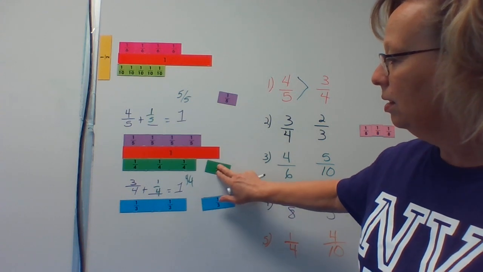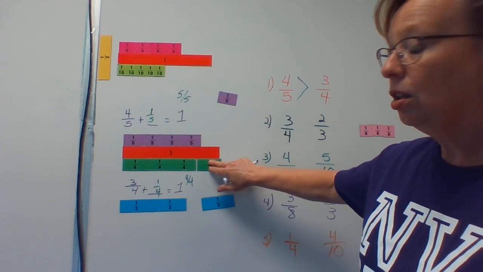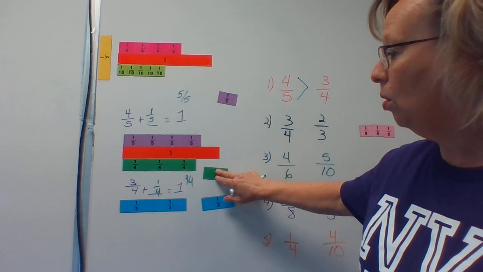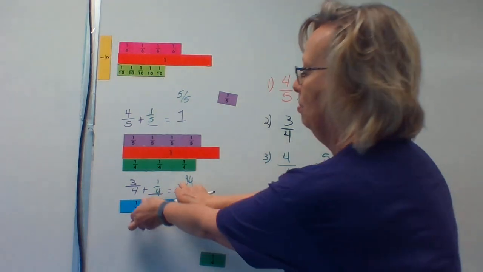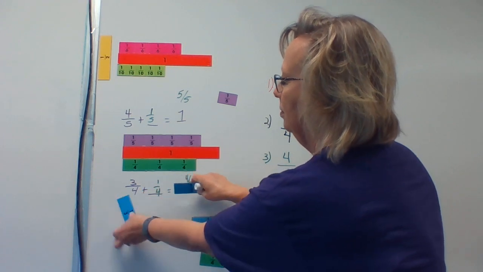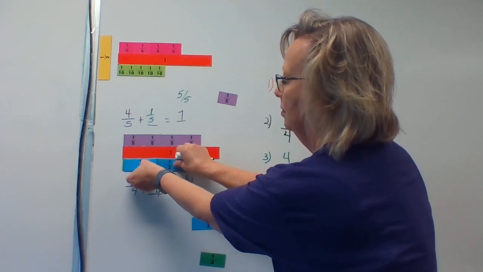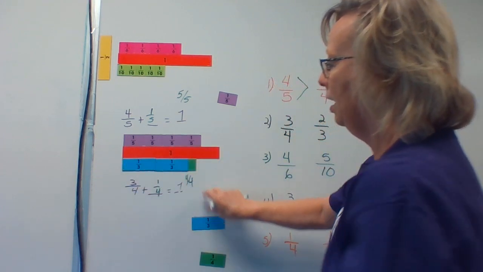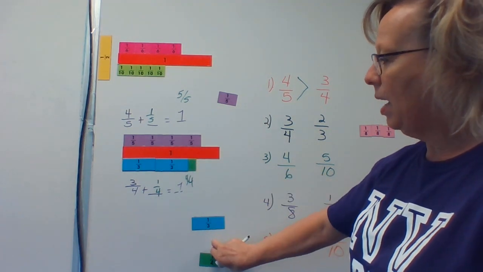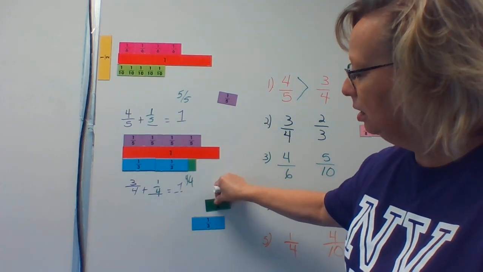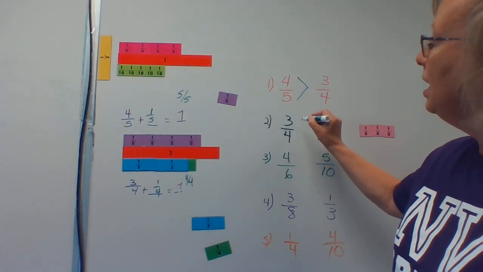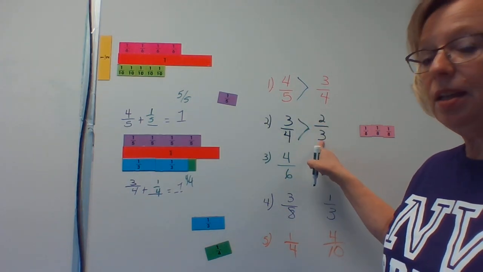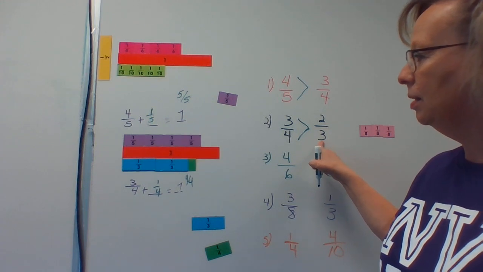The 1/4 is closer to the whole than the 1/3 that is missing. Okay, so by adding that 1/4, I'm going to be closer to the whole than the 1/3. So 3/4 is greater than 2/3.